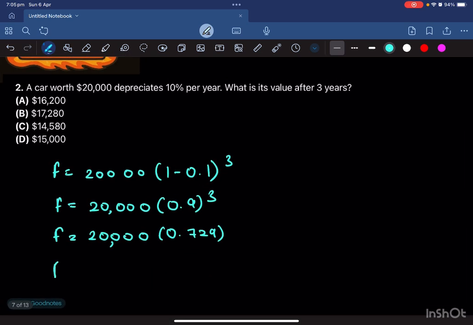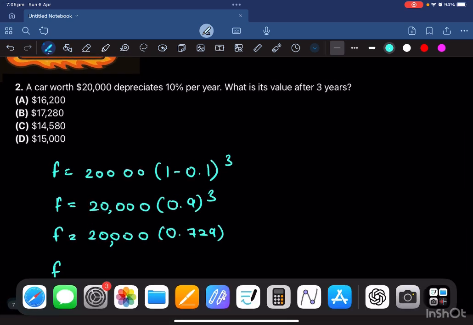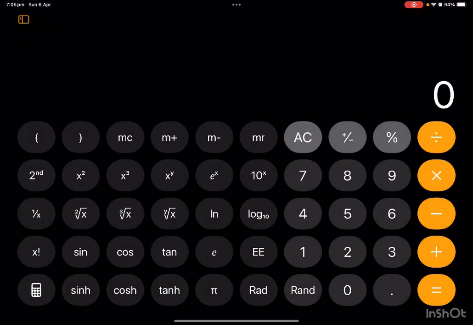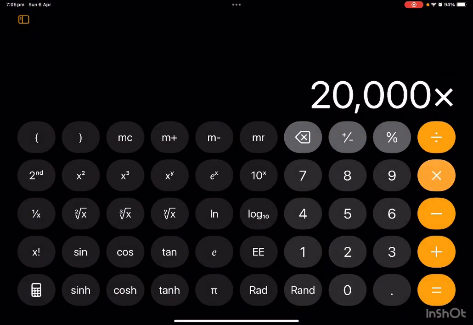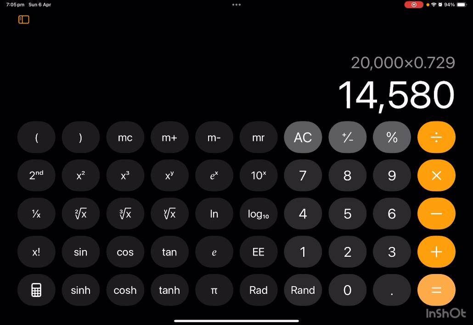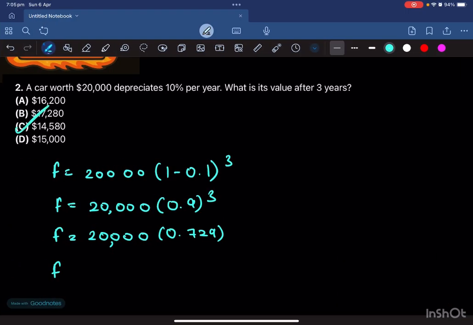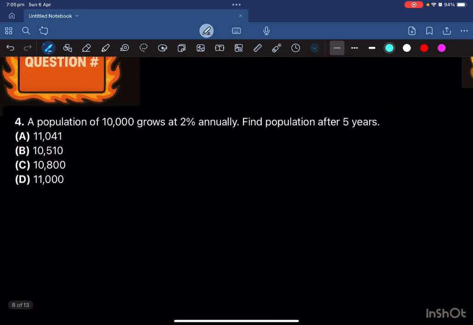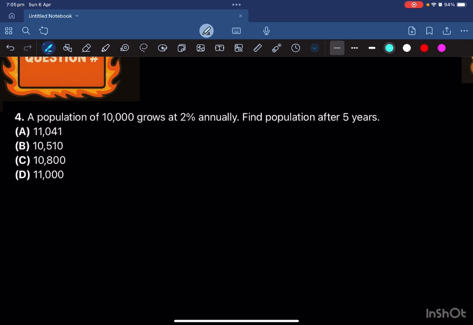So let's multiply this: 20,000 into 0.729. We have $14,580. Next, a population of 10,000 grows at 22% annually. Find the population after 5 years.